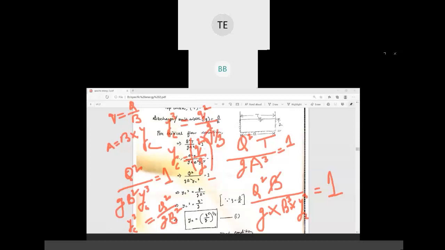You write down the whole steps. So for the critical depth of a rectangular channel, this is the expression: YC is equal to small q square divided by G, to the power 1 by 3.